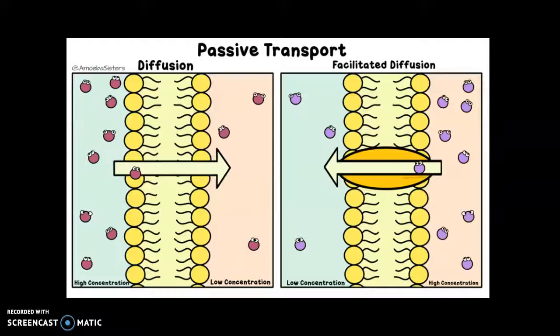Notice over on the left, in simple diffusion, those particles are moving from high to low through the phospholipid bilayer, where on the right, in facilitated diffusion, they're moving from high to low through a protein channel. Both are high to low, both are moving down their concentration gradient, therefore both are great examples of passive transport, not requiring energy.